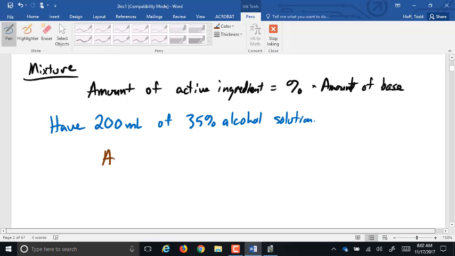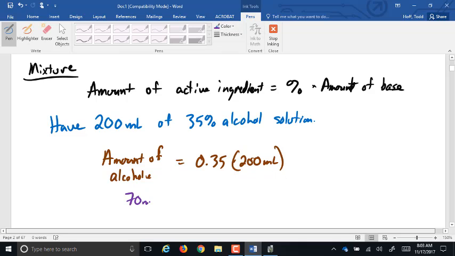The amount of alcohol here, the active ingredient, is going to be the 35% as a decimal, 0.35, times 200 milliliters. So that means you have 70 milliliters of alcohol. Make sense?